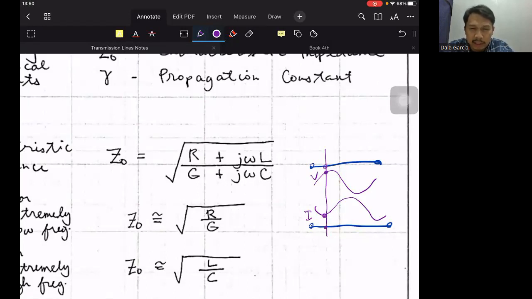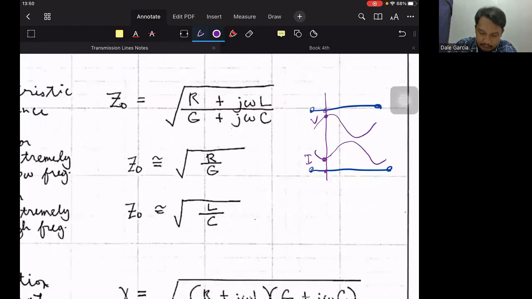Alternately and equivalently, it can be defined as the input impedance of a transmission line when its length is infinite. We could also define characteristic impedance Z0 as equal to the input impedance of that line when the length is infinite.